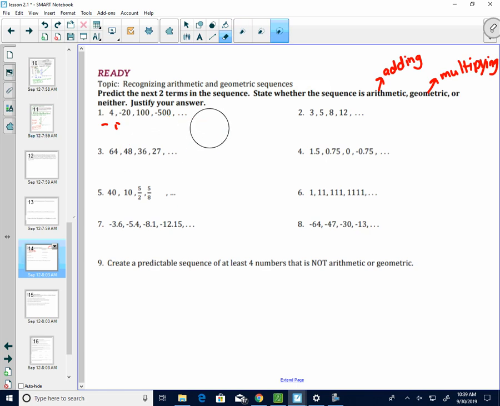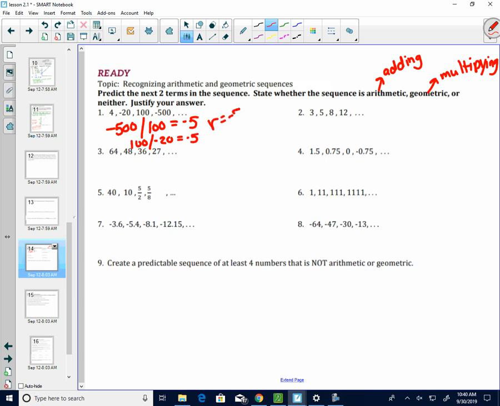So we come back and try to see if it's geometric. Geometric means we're multiplying going to the right. So we would divide to go to the left. So if we do negative 500 divided by 100, that is negative 5. And if we do 100 divided by negative 20, that is also negative 5. So that means our common ratio is negative 5, and since we have a common ratio, that makes this geometric.